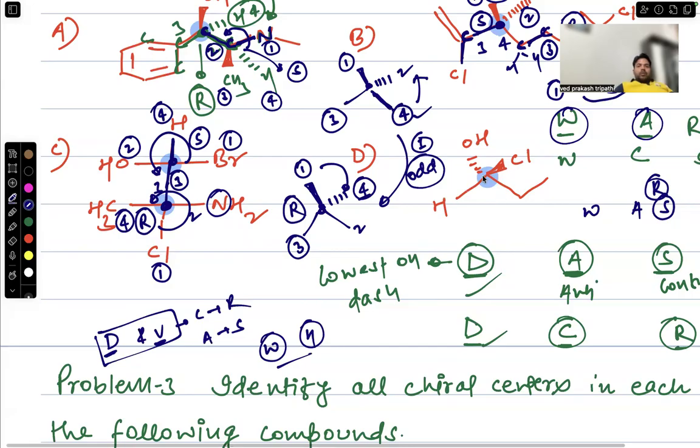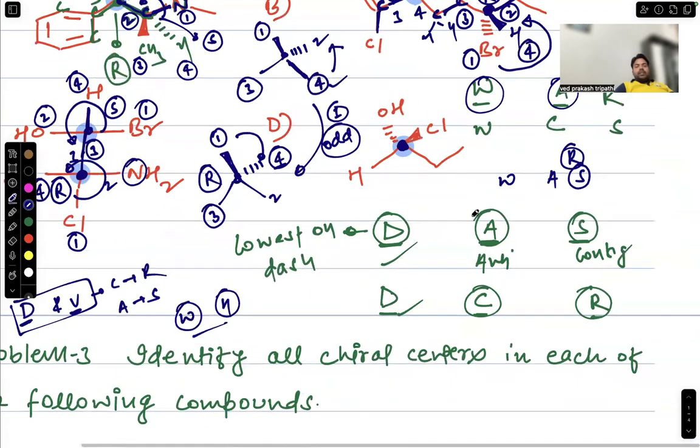Okay, what about this one? The last one. Find out R and S. And again, we don't have the lowest on wedge or dash. So you have to keep the lowest on dash and figure out the answer. Whatever the answer, you have to flip.